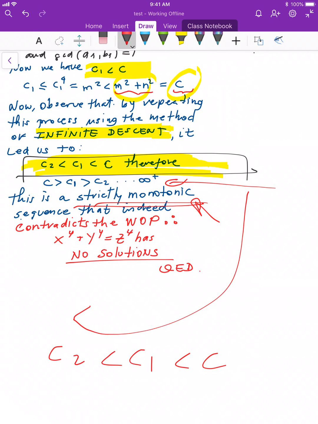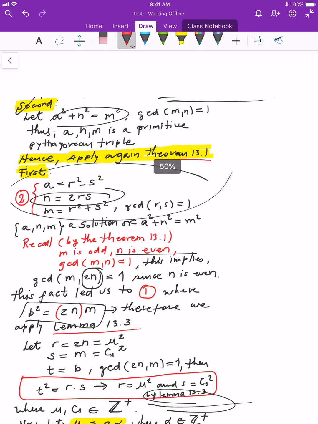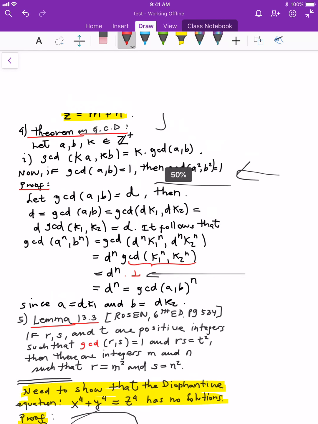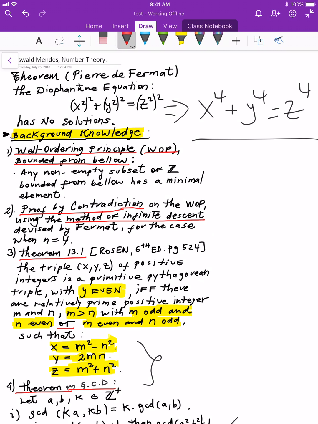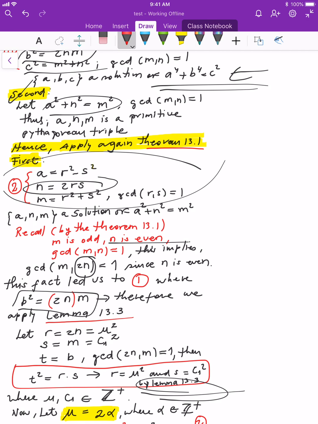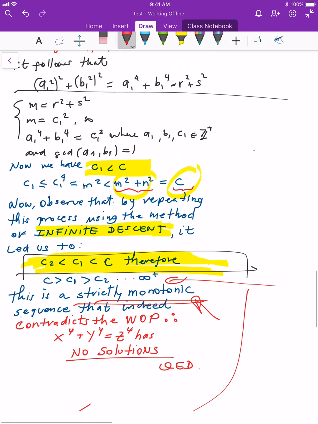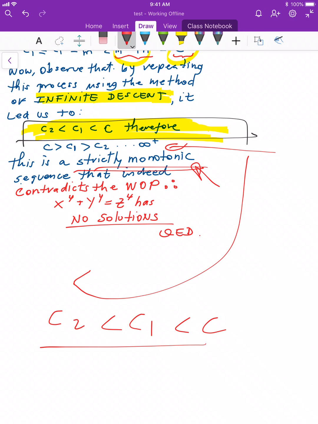This is strictly monotonic, which contradicts the well-ordering principle from the beginning, when we said that any non-empty subset of the integers bounded from below has a minimal element. So we don't have a minimal element because this sequence is strictly monotonic.